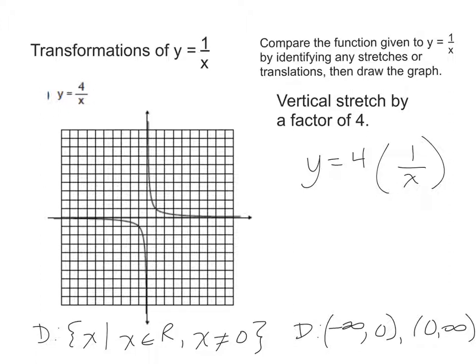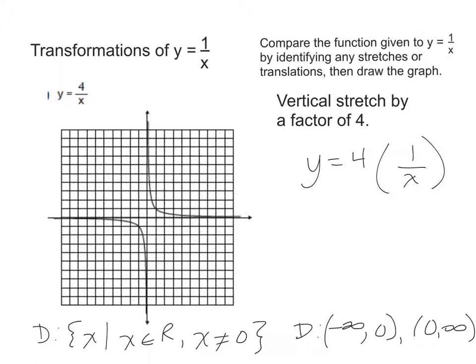And it's the same thing, right? Because this would just be 4 times 1 over x, so 4 over x. So if the stretch is in the numerator, it's actually a vertical stretch, but you can pull it out like that and see the vertical stretch there. So y equals 4 times 1 over x.